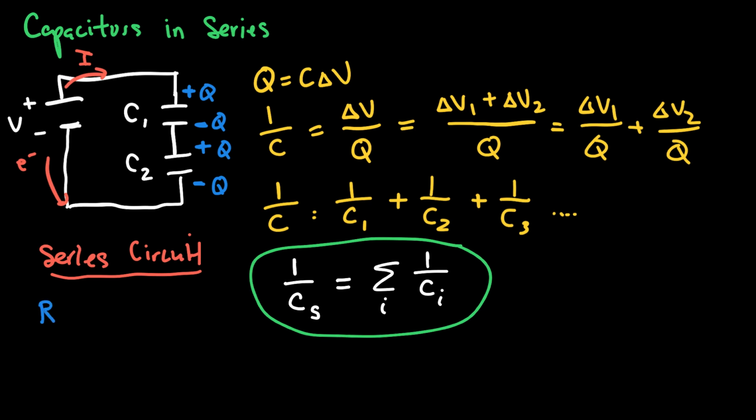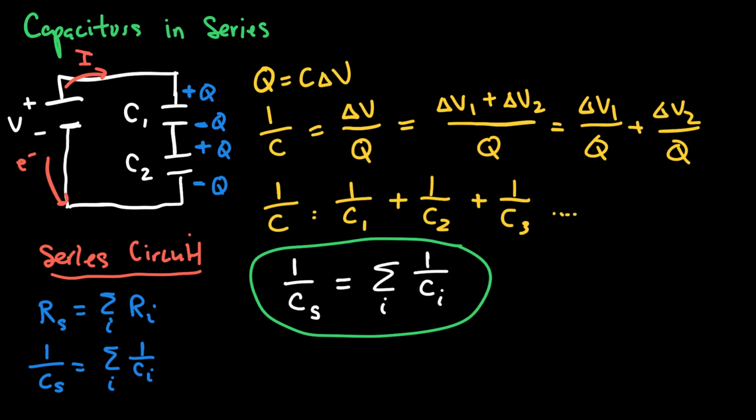So the resistors in a series circuit could be summed up directly. You just add up the resistance of each one to find the equivalent resistance. And then for capacitors, we have the equation which we have just shown here. 1 over Cs is equal to the sum of 1 over each of the capacitances. And so it's kind of like the opposite rule that we would expect.